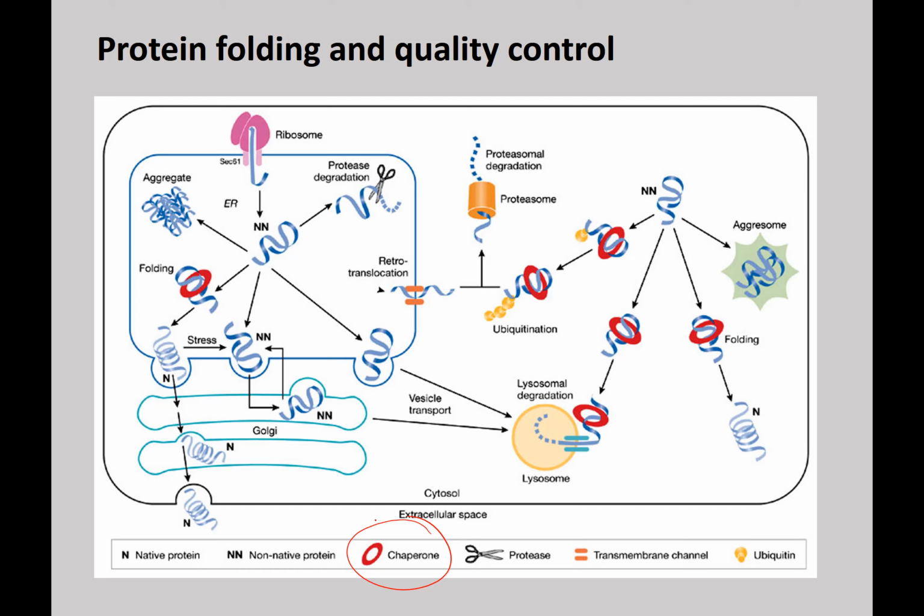And our cell has lots of chaperones that are trying to get proteins to fold correctly. And the reason is it takes a lot of energy to make a protein. It takes a lot of resources. So if the protein has the correct sequence and can be folded properly, the cell wants to put energy into that versus having to start over.